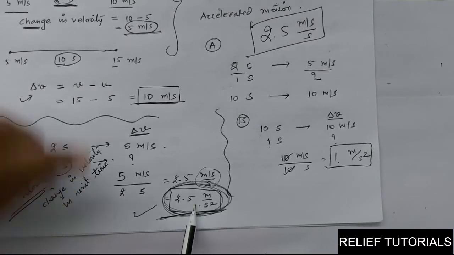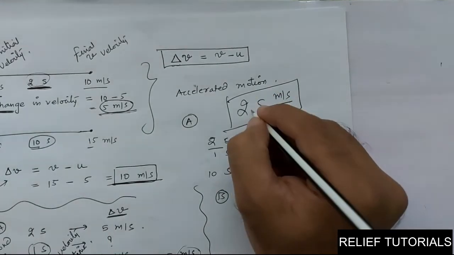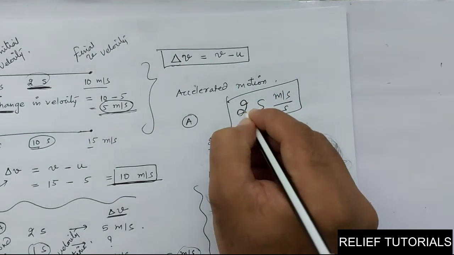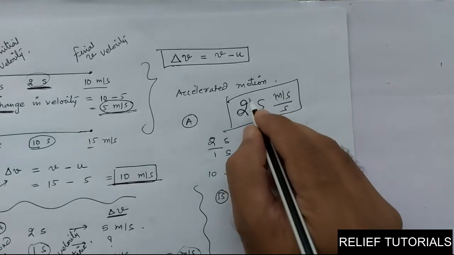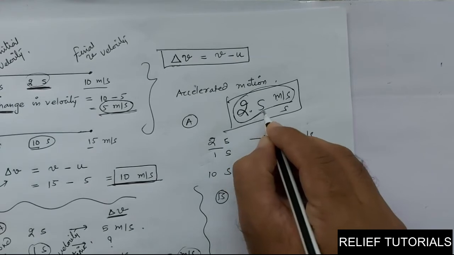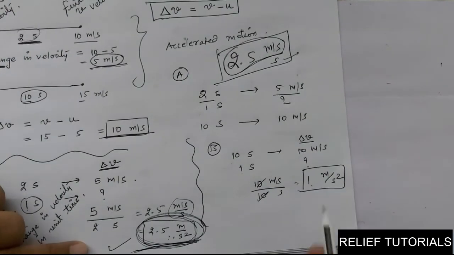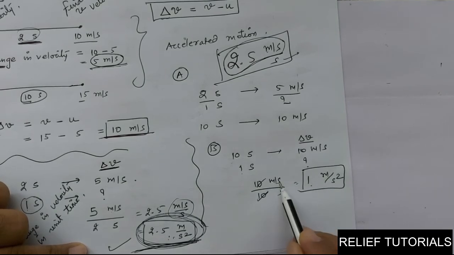But what do you mean by this actual answer? Listen to me. It means that 2.5 meter per second is the change in velocity per second. And what do you mean by this answer, 1 meter per second square? It means 1 meter per second is the change in velocity per second.